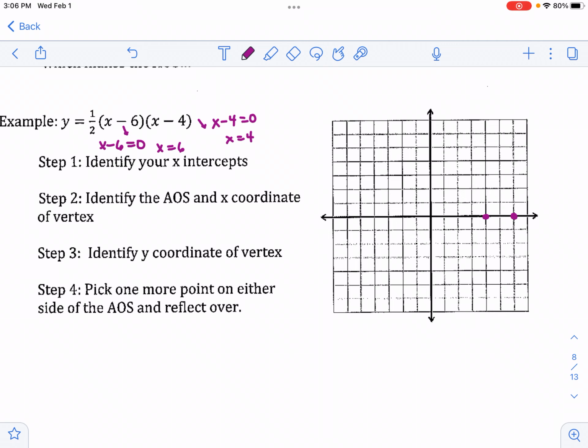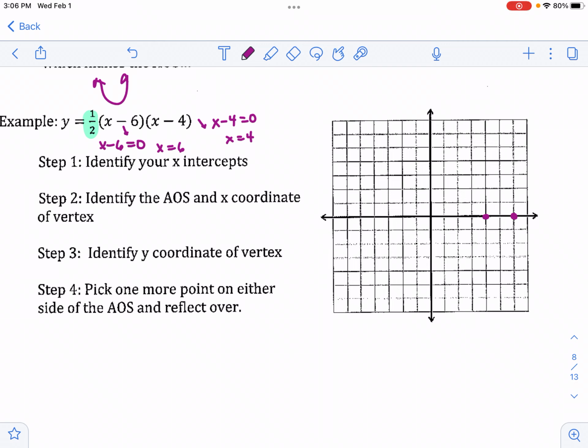I'm going to plot those right here. All right, so I know that somehow my U shape has to crash through both of those points. And because my a value is positive, I know I'm going to end up with a U shape facing upwards.